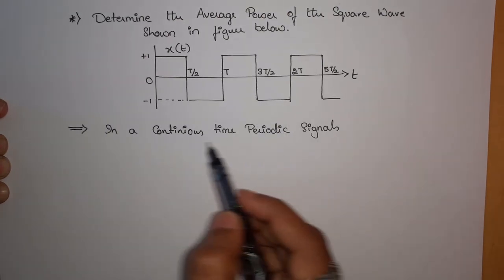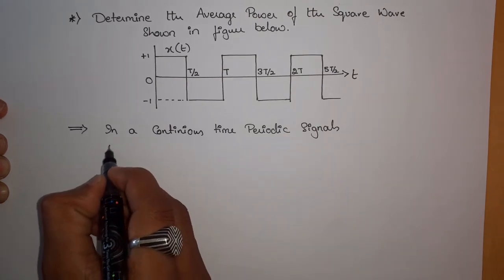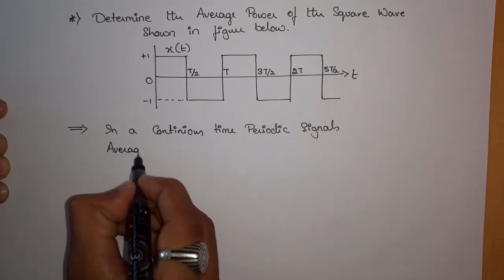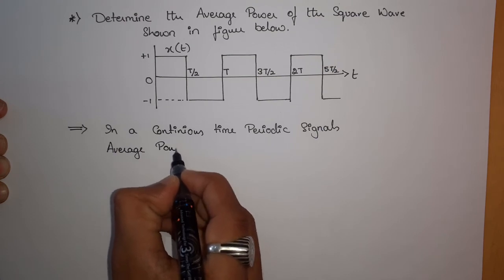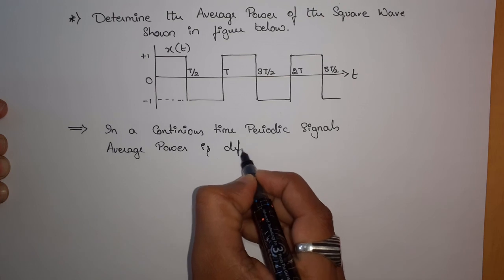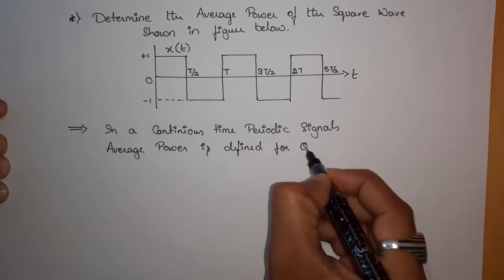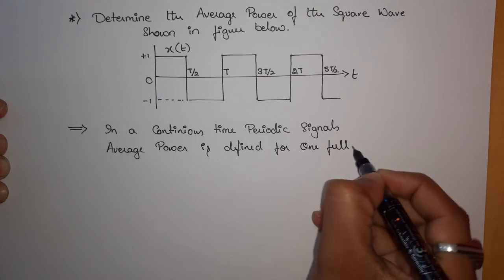Now in a continuous time periodic signal, the average power is defined for only one full cycle.